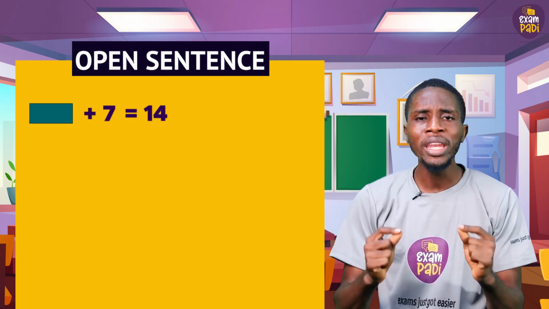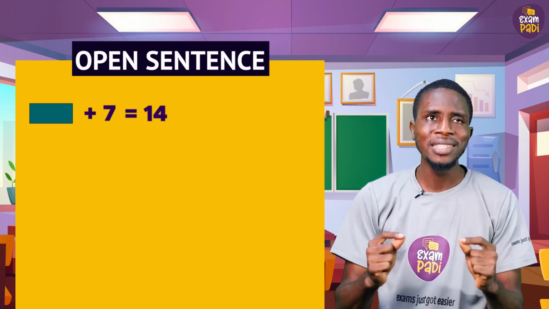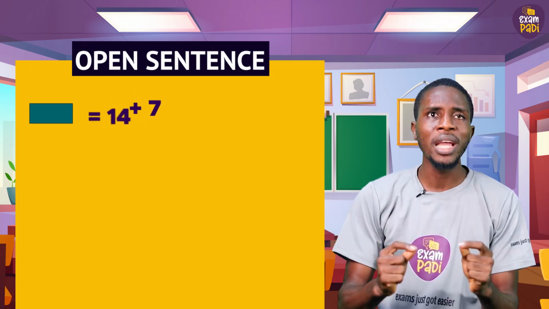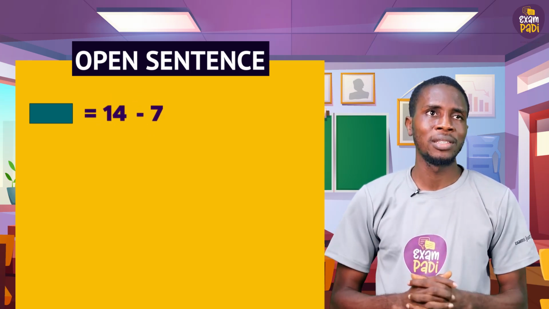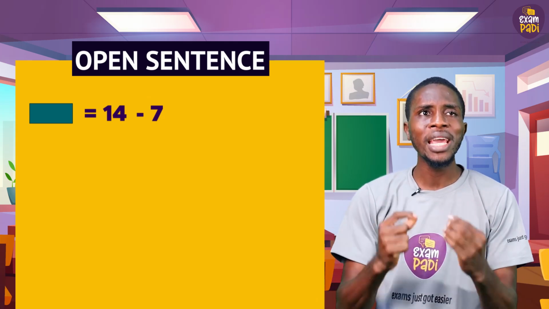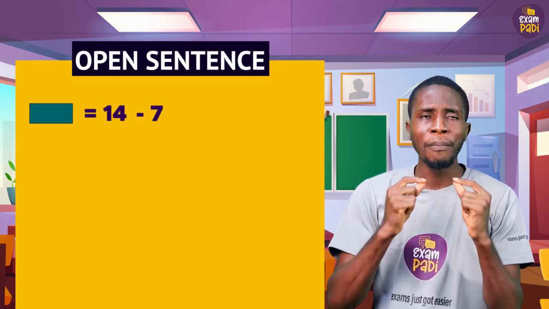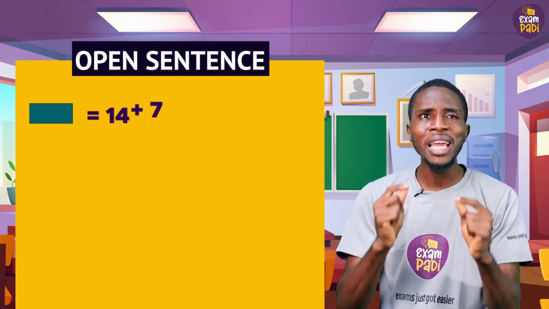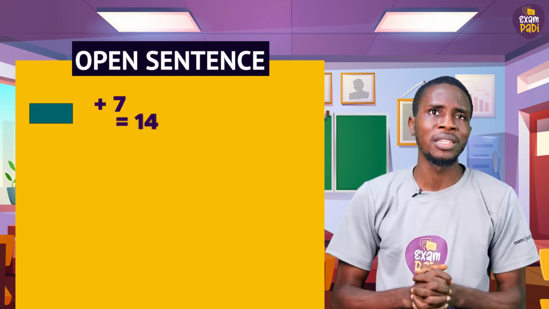That is, the left hand side equals the right hand side. Note that when a positive number, that is 7, crosses over an equal sign, the positive sign changes to a negative sign. That is, it becomes minus 7. And when a negative number, that is minus 7, crosses over an equal sign, the negative sign changes to positive sign, that is plus 7.